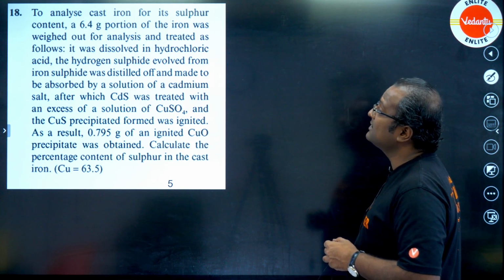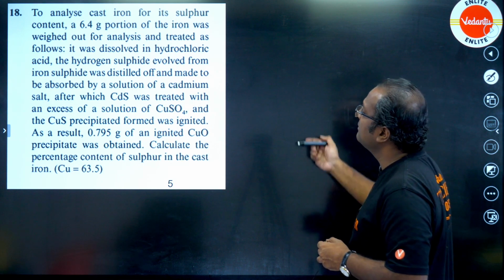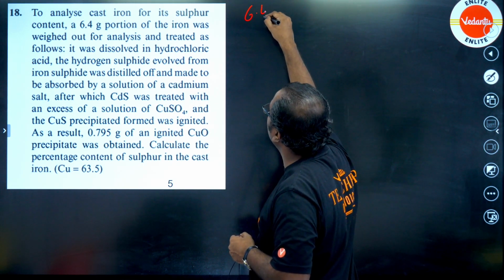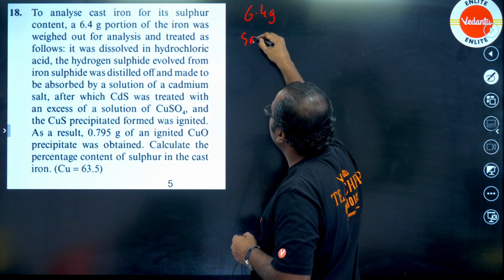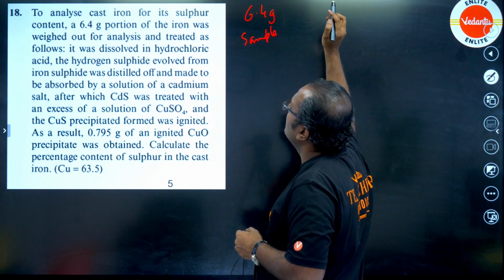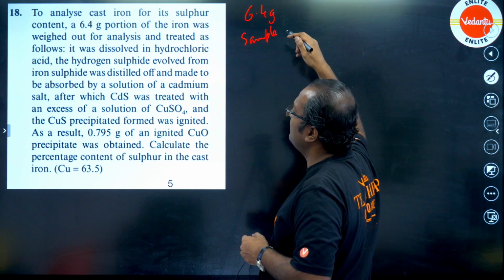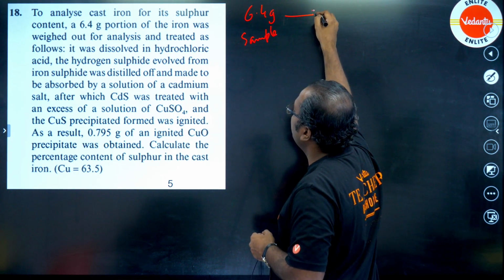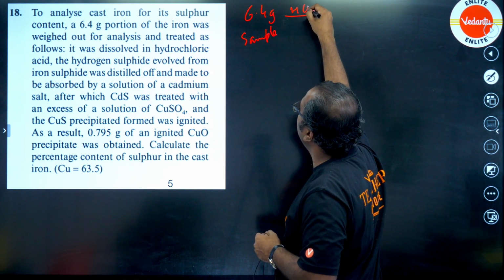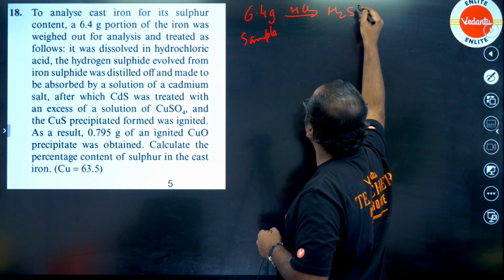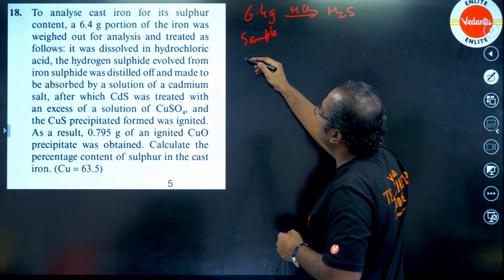To analyze cast iron for its sulfur content, we took a 6.4 gram sample. The iron in this 6.4 gram sample was weighed out for analysis and treated as follows. It was first dissolved in HCl, so H2S gas evolved. Where did H2S come from?